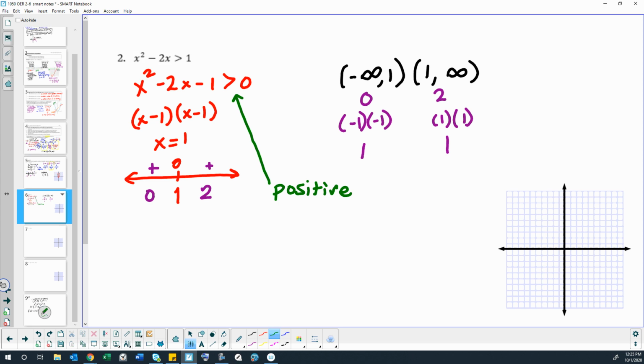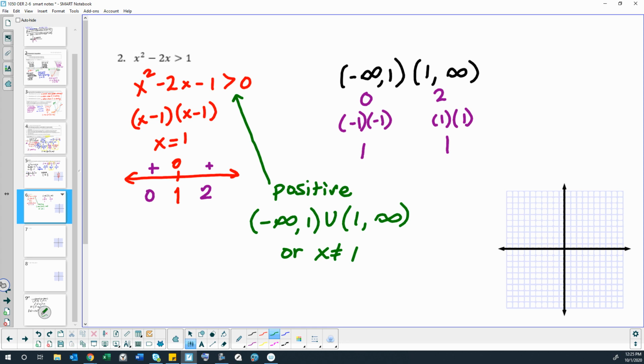But because it's not equal to, it's just greater than, we actually have to split it up with our 2 intervals, with the union between them. Or another way we can say this in set notation is to just say x does not equal 1. And it equals everything else.